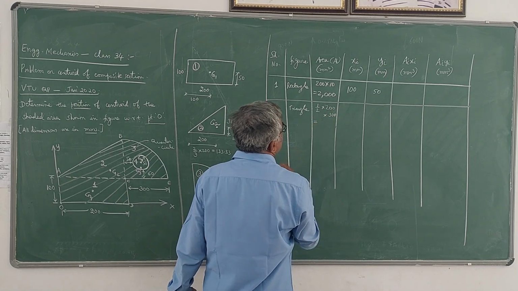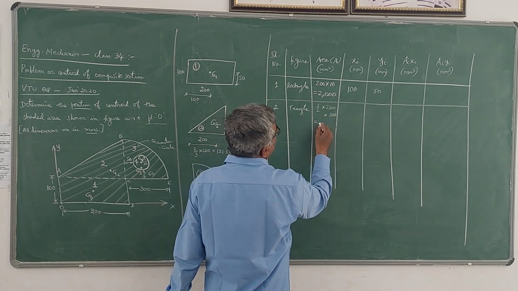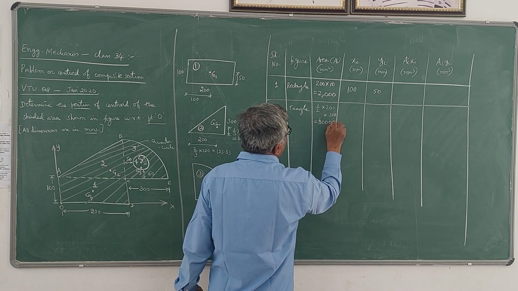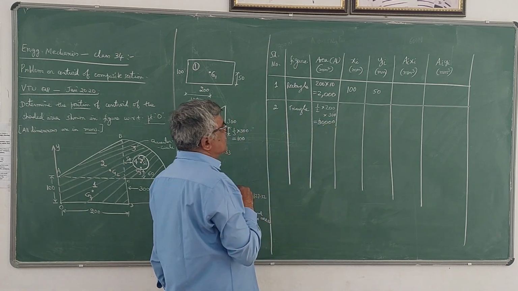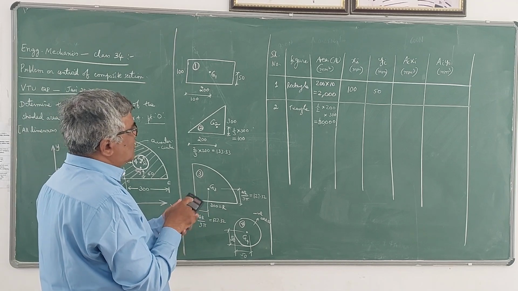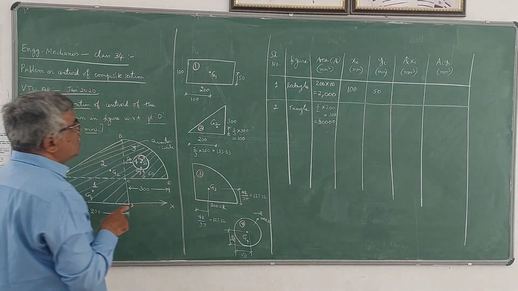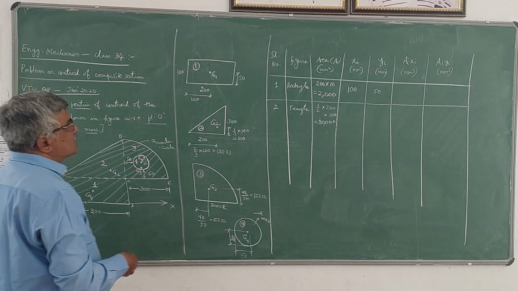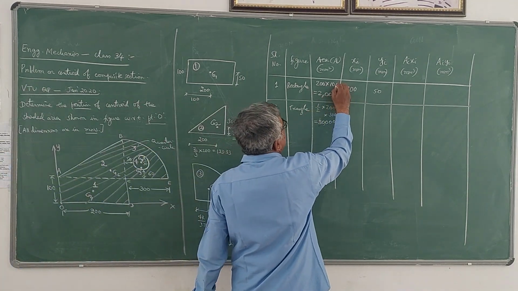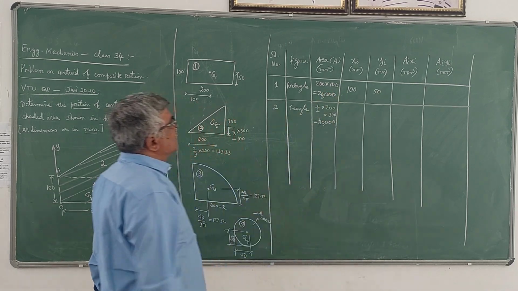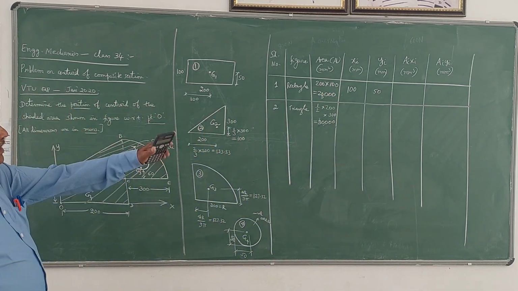So this value is now 100 into 300, I think it is 30,000. 3 followed by 4 zeros. So that is the area. 200 into 100, so 20,000 for the rectangle. Yeah. So for the triangle it is 30,000.